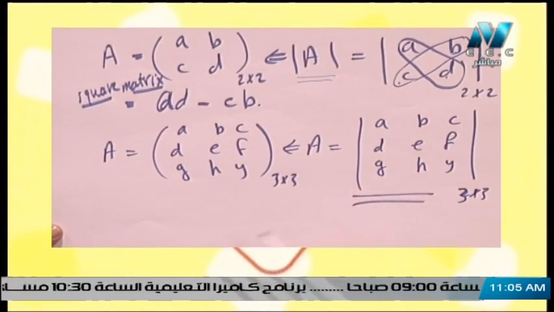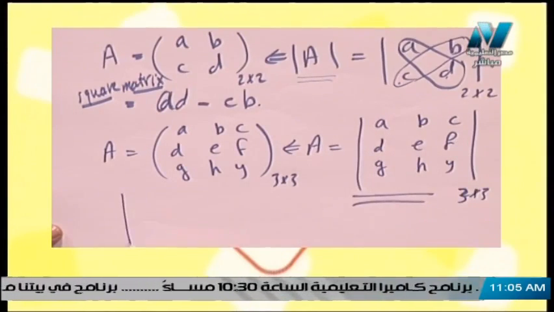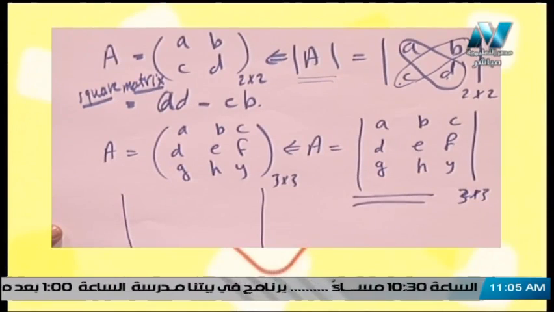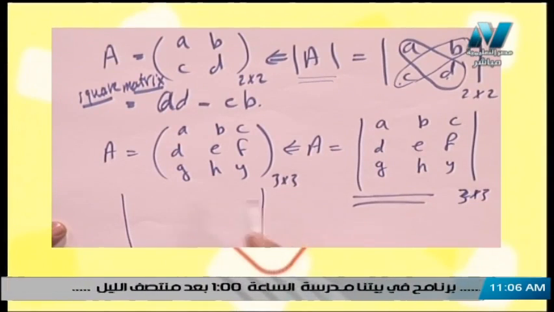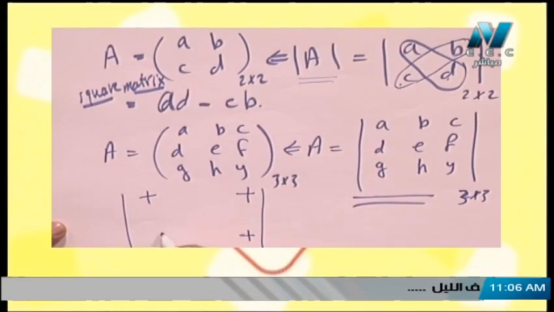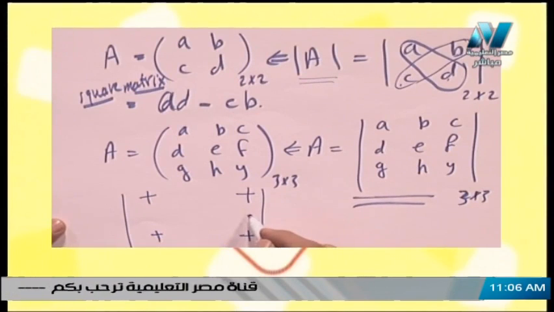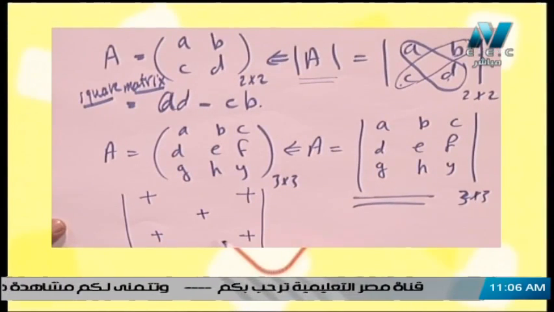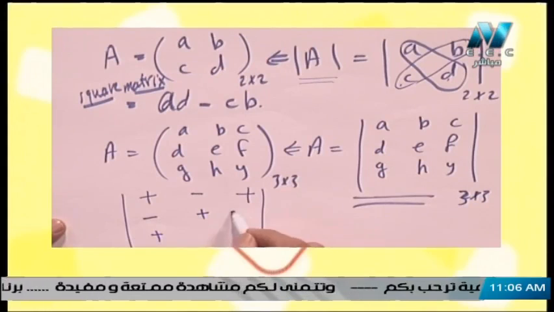Now, if we have this determinant, concentrate on the signs. We have plus here, and plus here, and we have negative there.